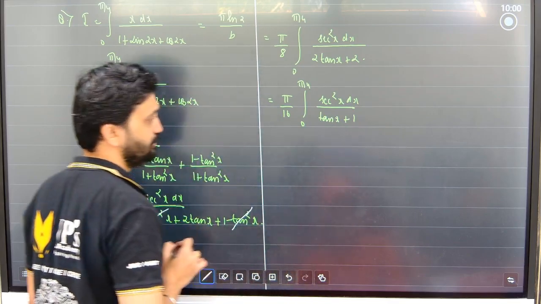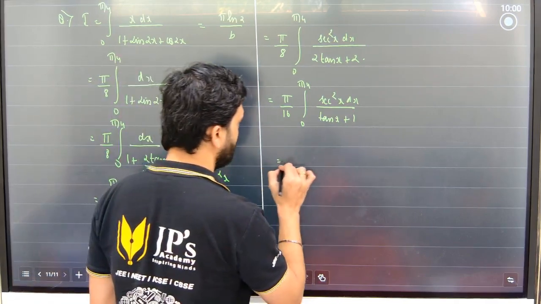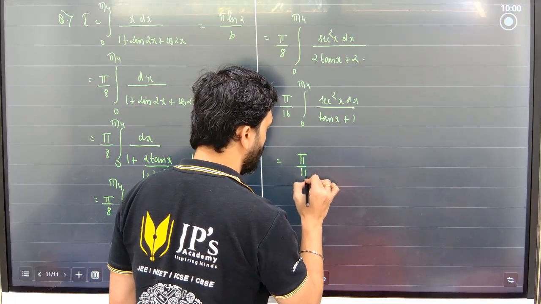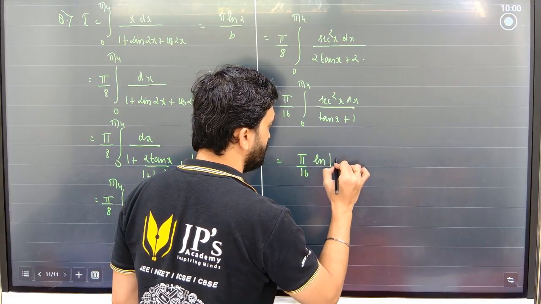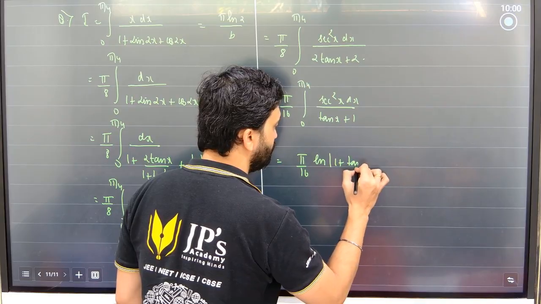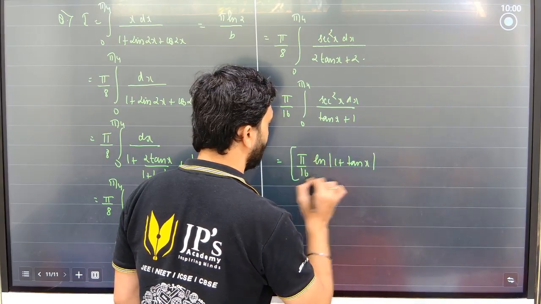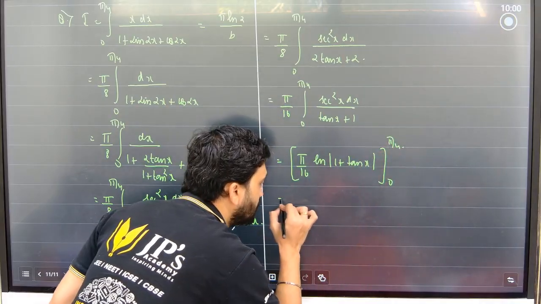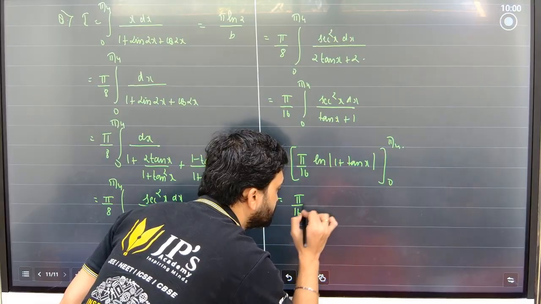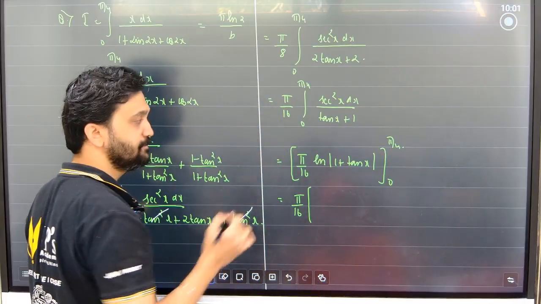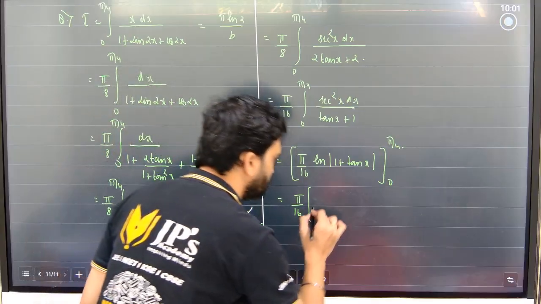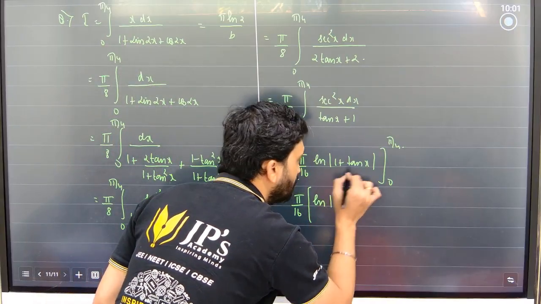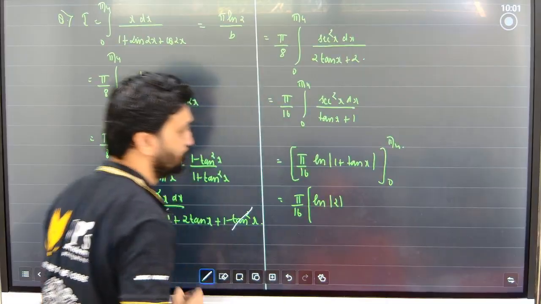The numerator is the direct derivative of the denominator. My answer is log of mod of the denominator. This is ln mod of 1 plus tan x from 0 to pi by 4. This will become pi by 16. In the whole answer I will put the upper limit, so this will become ln of 1 plus 1, mod 2.